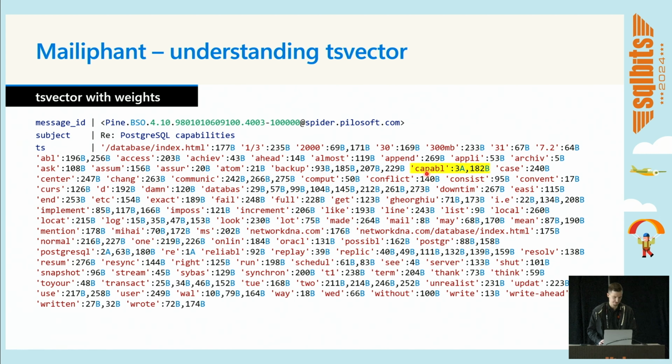So you can see this kappa BL is likely the word capability, or any forms of that word, like capabilities, or other permutations of case-sensitive spelling and things like that. And their positions: 3A is the third token in the title, and 182B would be the 182nd token in the content of the email with the weight B, right?